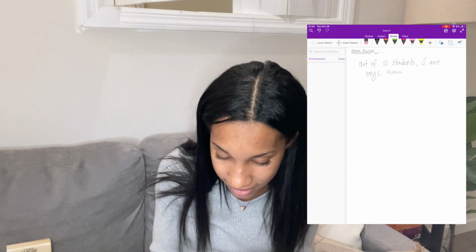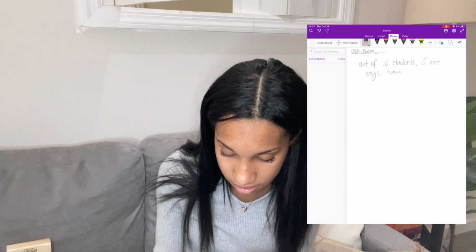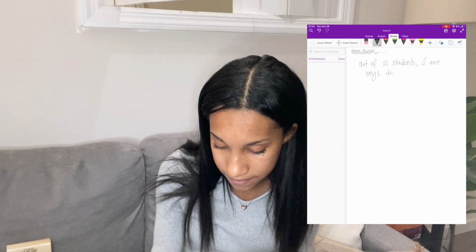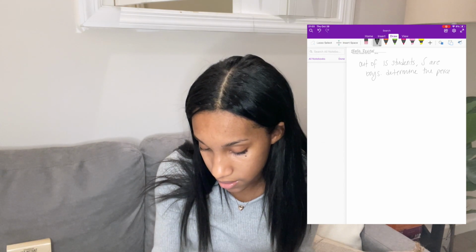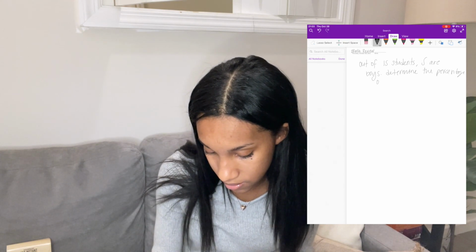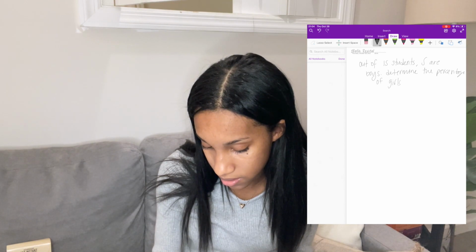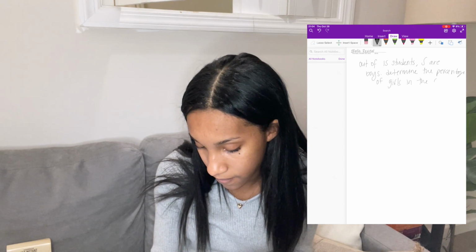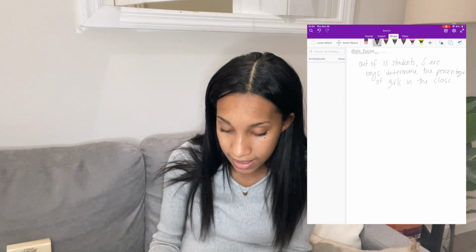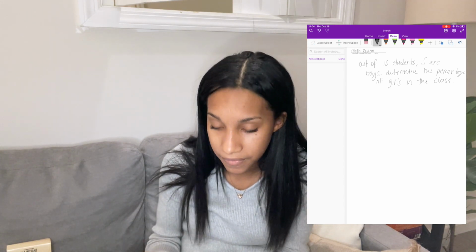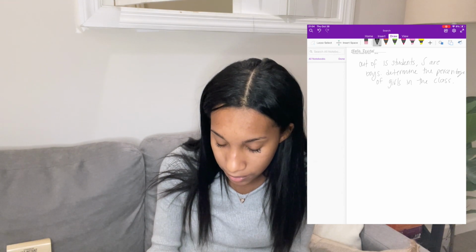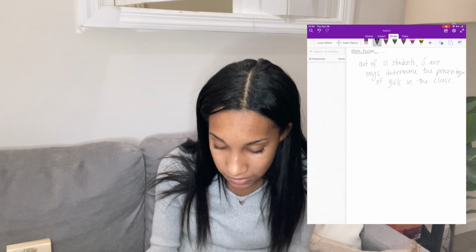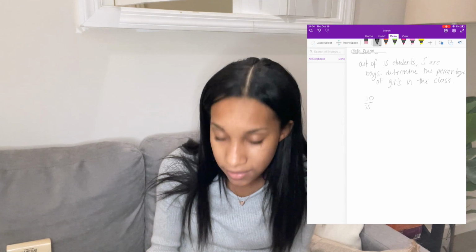This is a thing that they would ask. So basically you'd have to know, okay, out of 15 students, 5 are boys, so that means 10 are girls. So 10 out of 15 are girls.